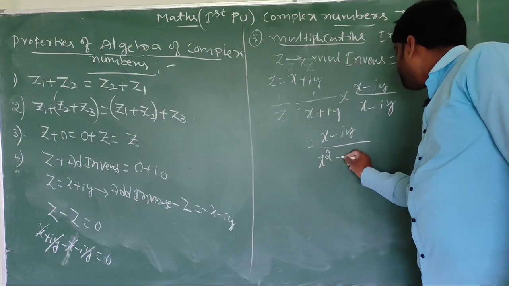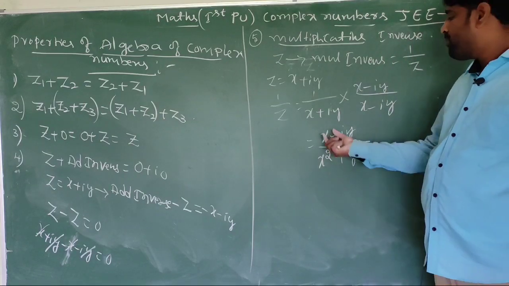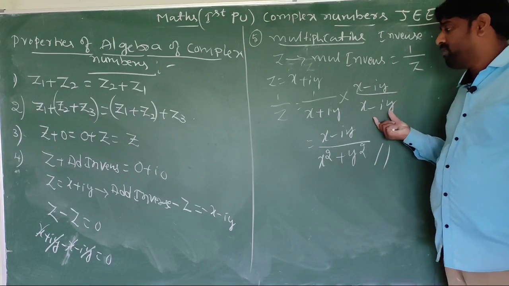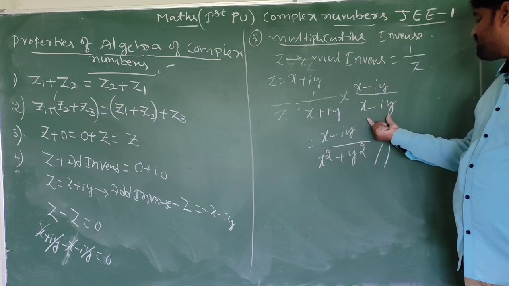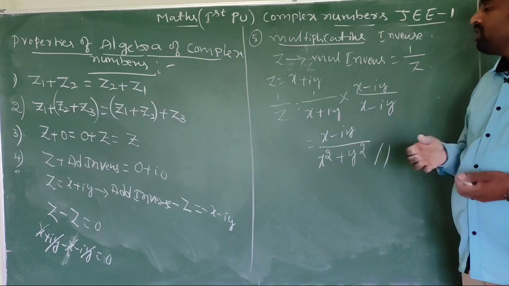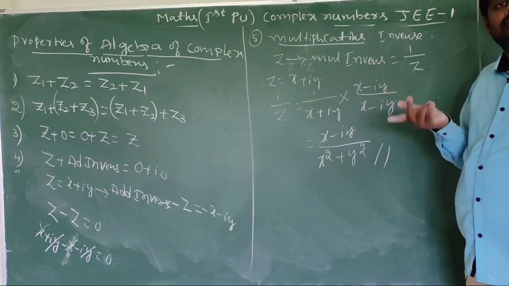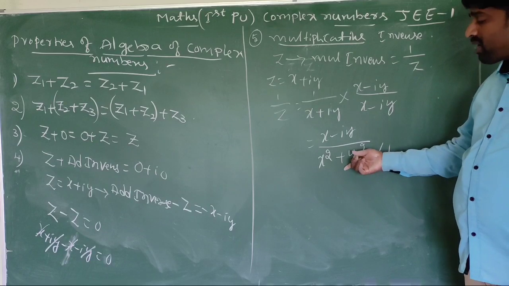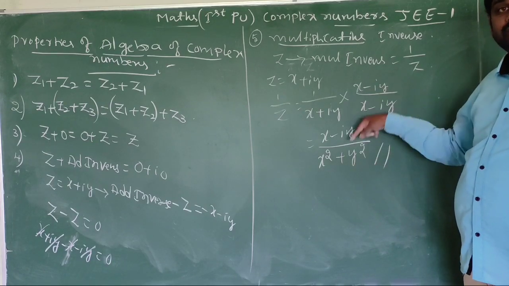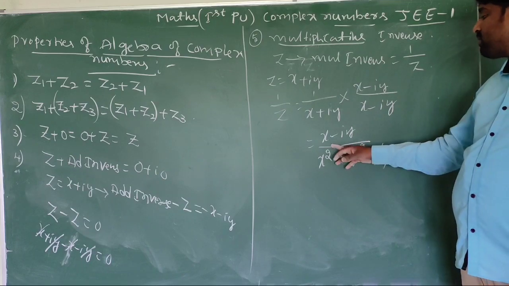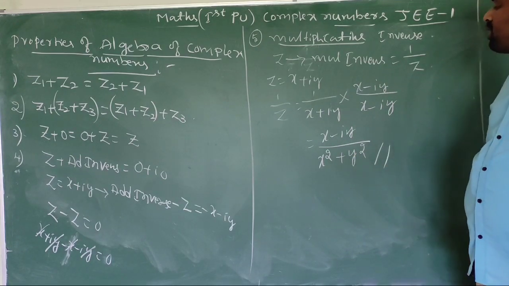Here a plus b is x plus iy, a minus b is x minus iy. So that is x square minus iy whole square. I square is minus 1, and minus into minus is plus. The formula is a square minus b square, so we get x minus iy divided by x square plus y square.